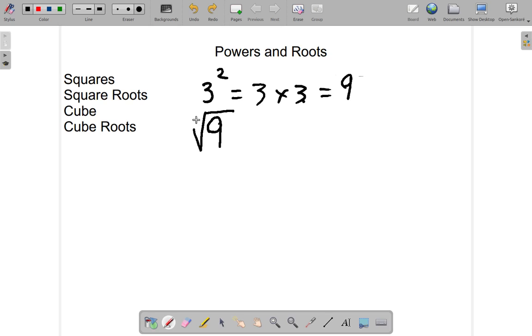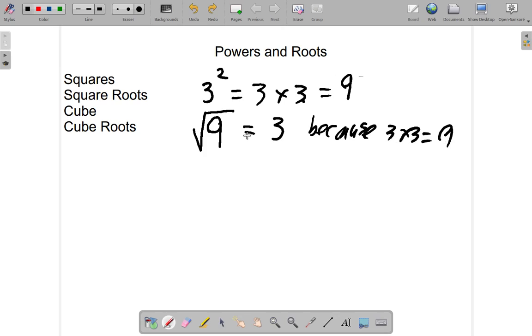Now originally the intention is for you to have a 2 here, showing you that it is the second root, the square root of 9, but by convention you just leave this sign as it is. So the square root of 9 is 3, because 3 times 3 gives you 9.